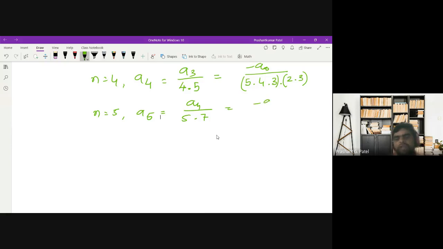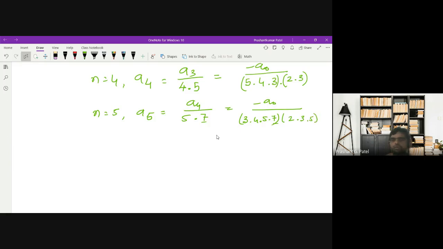And that is minus a0 upon 3 into 4 into 5 into 7. This 7 goes here, and the other thing we got is 2 into 3 into 5.